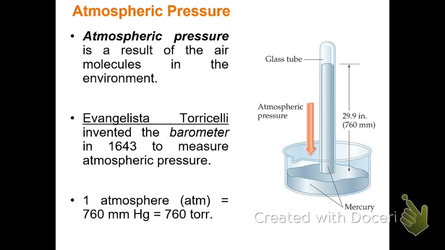All right, so gas pressure is different from atmospheric pressure. Atmospheric pressure is the result of the air molecules in the environment around us. There are air molecules all around us, striking the walls of the room, hitting your skin, colliding with each other, colliding with other molecules in the environment.